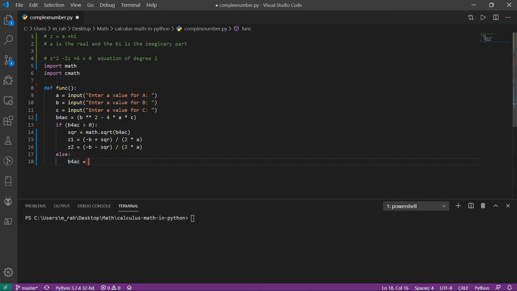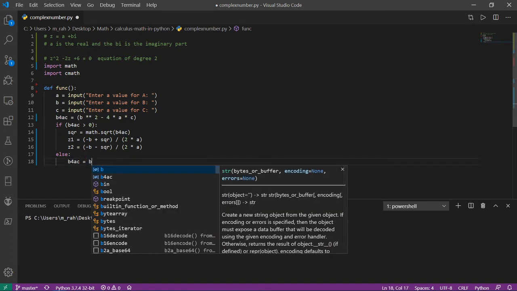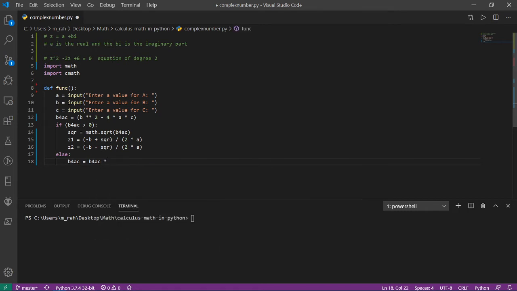I take b squared minus 4ac and multiply it by -1 to get a positive value, then take the square root of that, so that the result can be used in complex.